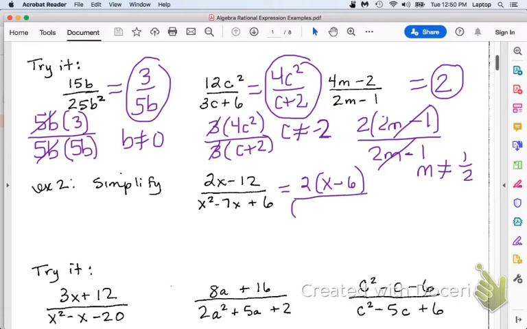And then I'm looking for two binomial factors, and I'm going to have x, and they have to multiply to equal a positive 6, but when I add them together, it's a negative 7. So remember, two negatives multiplied together make a positive. So I believe it's going to be negative 1 and negative 6, because when I add negative 1 and negative 6, I get negative 7. So minus 1 and minus 6. Then we have a common factor of x minus 6.